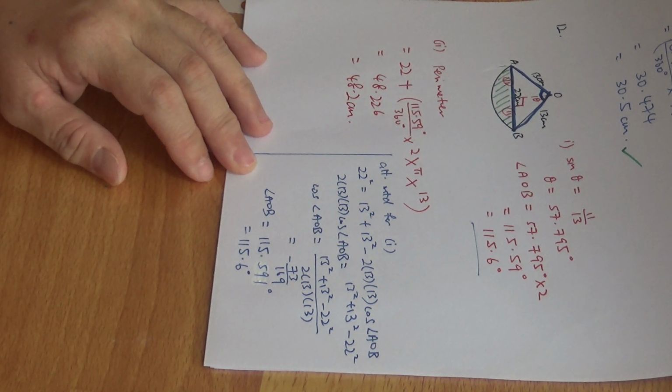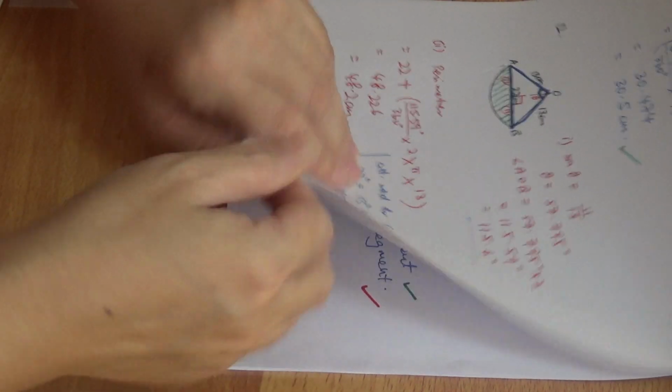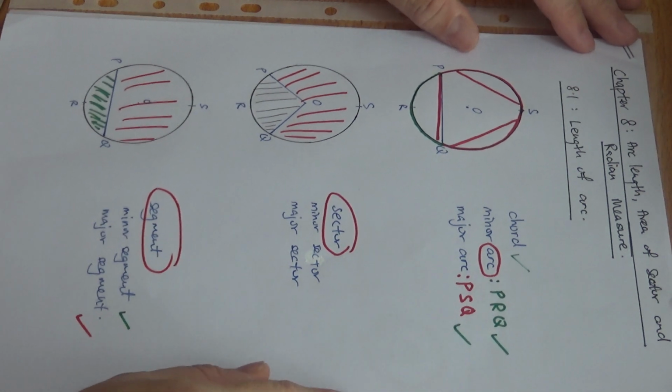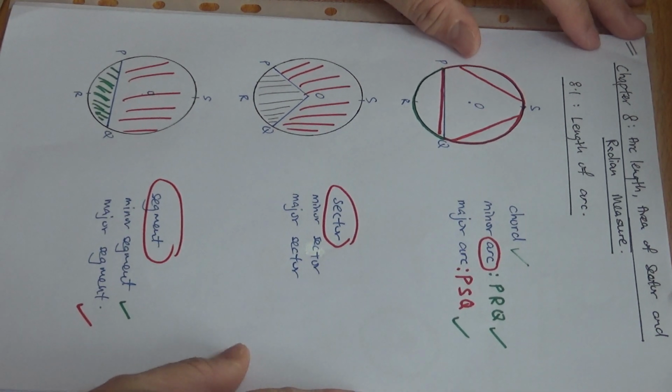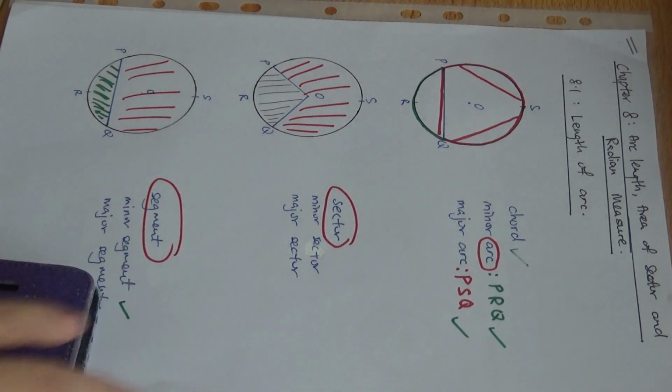For example, if the radius is 15 cm, and you read it as the diameter is 15 cm, it just means a different thing altogether. So class, be very careful when you apply the formula. This section is actually a very simple section, just that all of you have to be careful with the information that is given to you and apply it wisely.